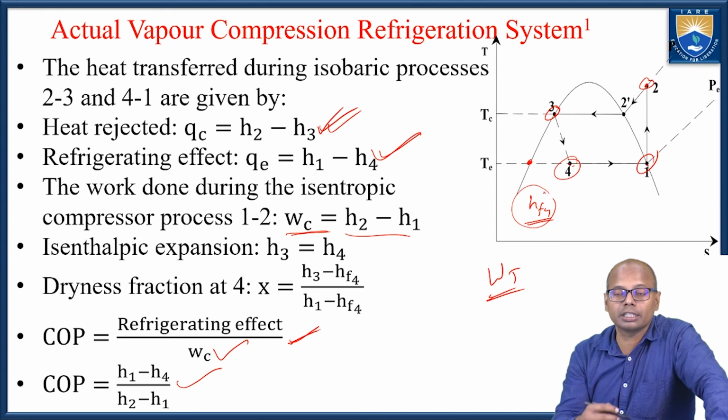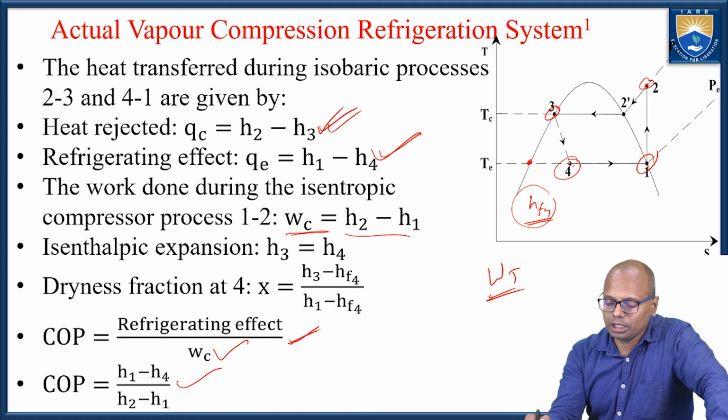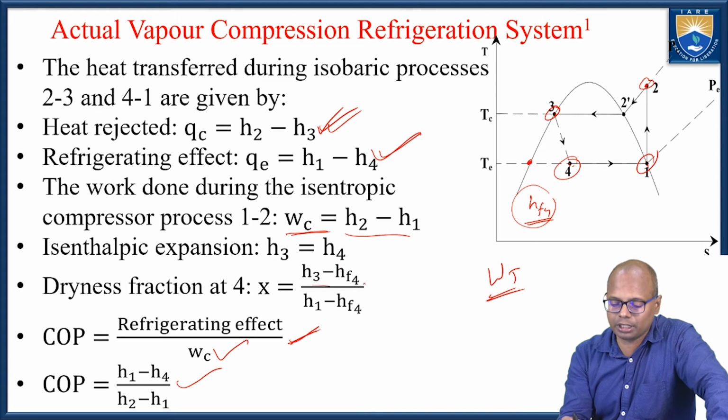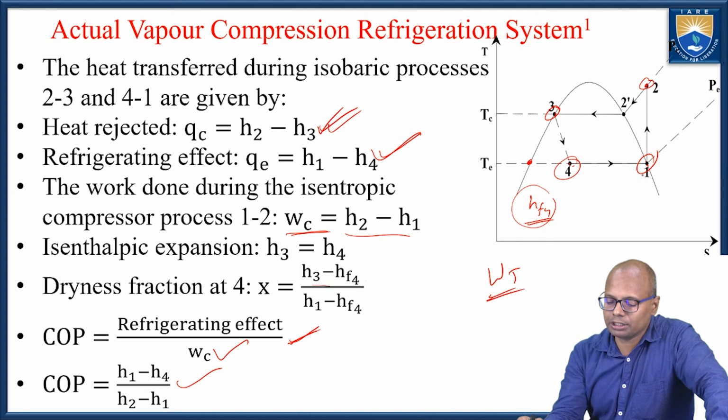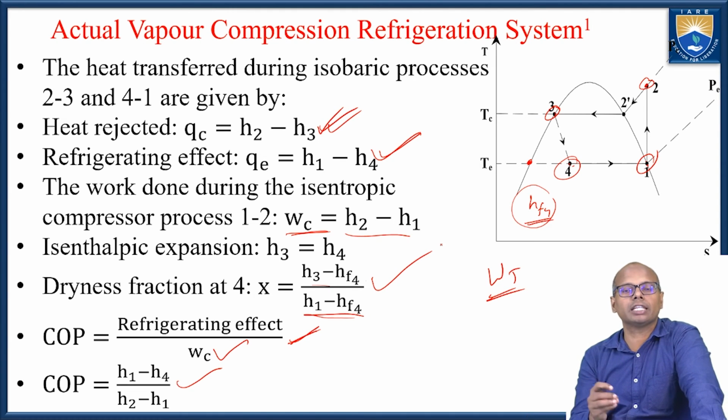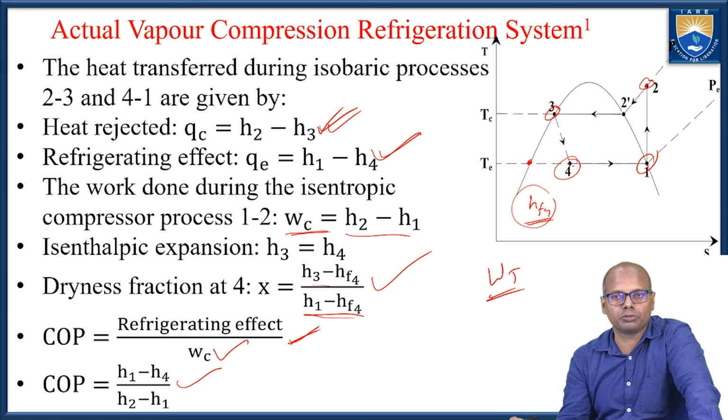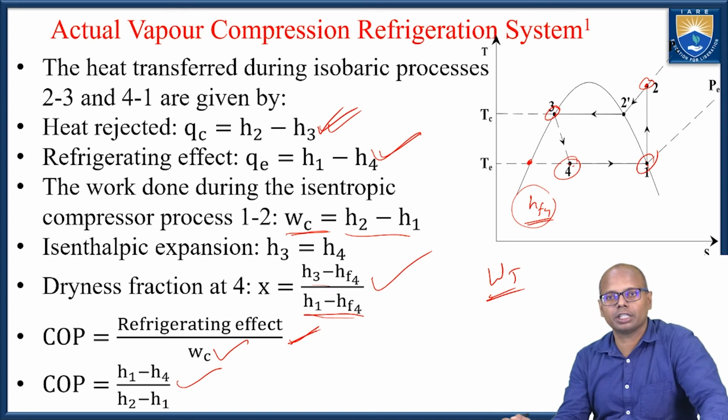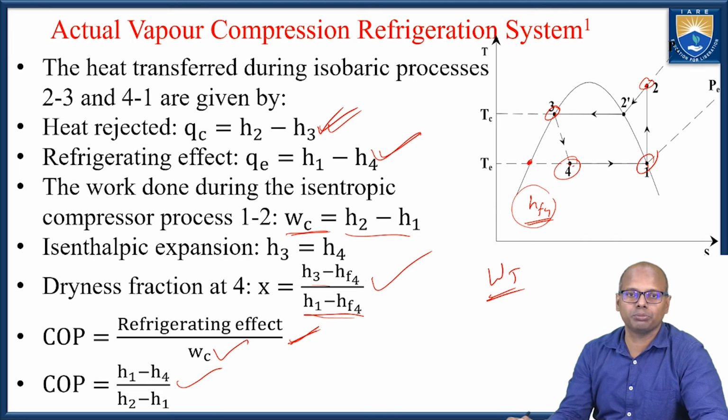So I am taking it as HF4. I know what is H4. H4 is nothing but H3. So H4 minus HF4 is nothing but H3 minus HF4, and the denominator is the difference in enthalpy between these 2 points. What is that? It is H1 minus HF4. If I use this formula, I can find out what is the dryness fraction at point 4. So this is one side point that we need to remember for solving the problems.